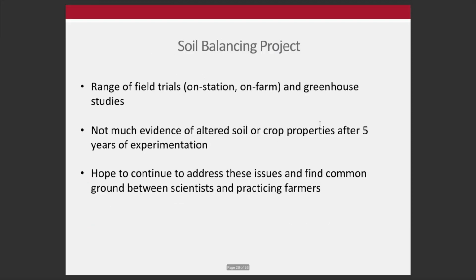We've done 5 years now of a fair amount of experimentation in Ohio: field trials, both on-station and on-farm, and greenhouse studies. Unfortunately, we have not found much evidence of really drastically different soil and crop properties after manipulating the calcium-magnesium ratios in different places.